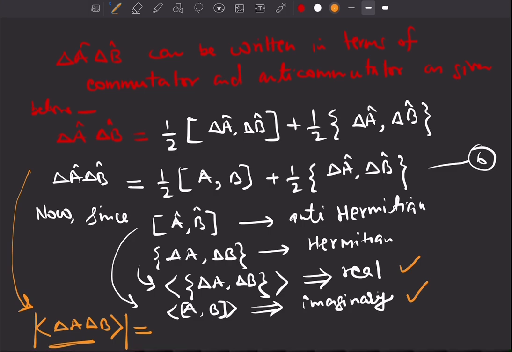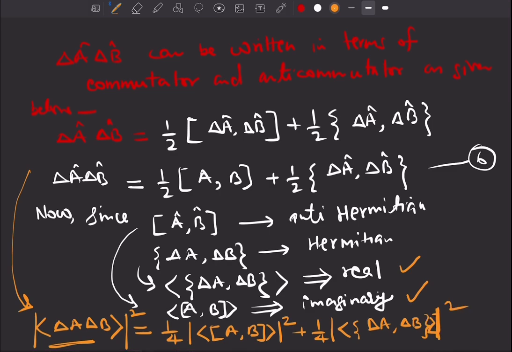The square of this expectation value is equal to 1 by 4 expectation value of AB square plus 1 by 4 expectation value of anti-commutator delta A, delta B square.